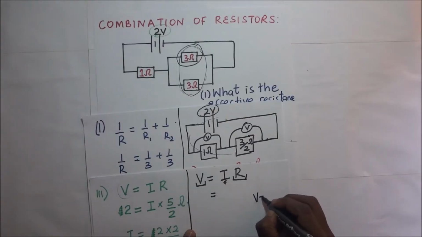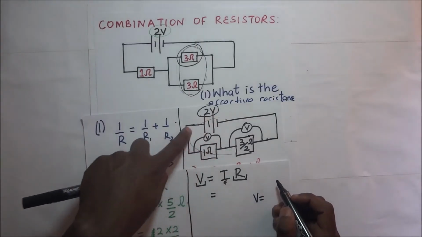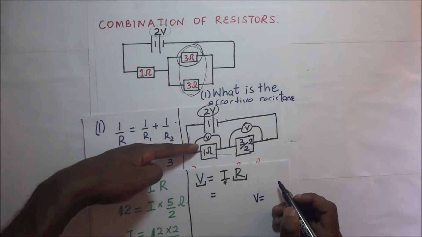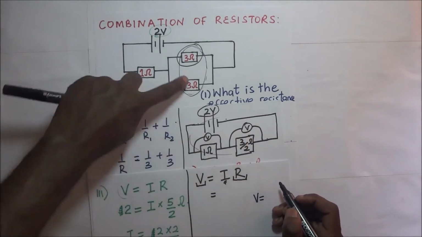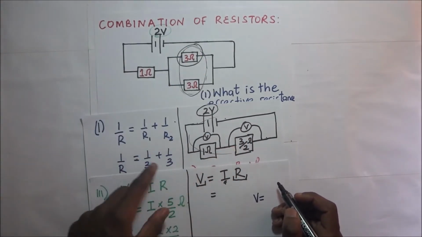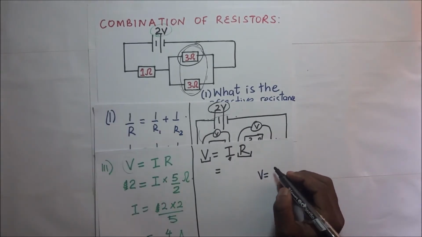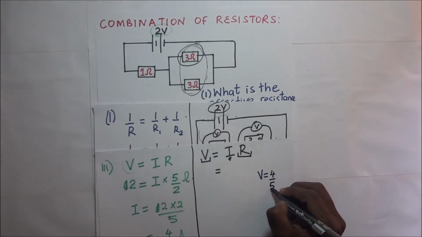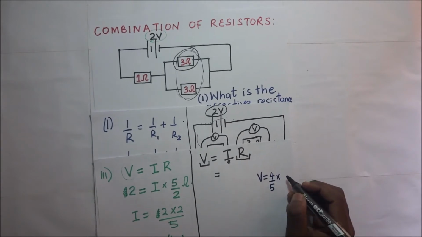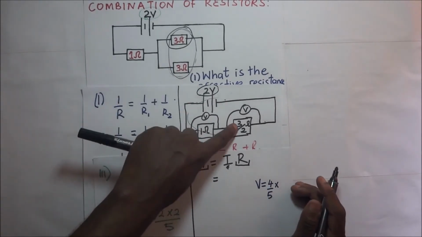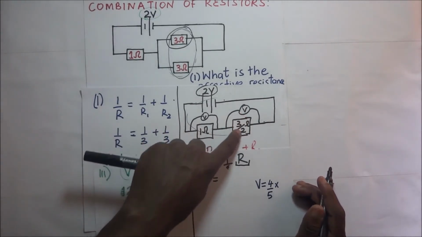So our voltage there is going to be equal to the total current going through the circuit, because the current coming through this parallel combination, we got it before. It's going to be 4/5 amperes. Multiply that by the effective resistance across that combination.